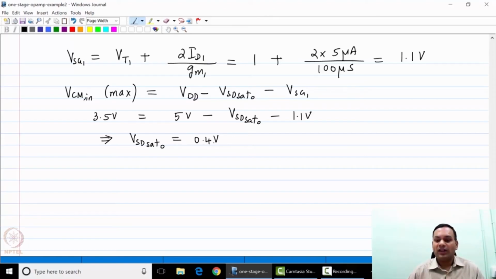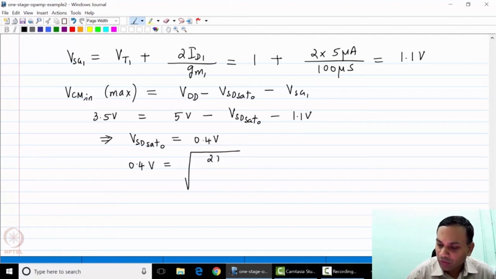Now, since we know the current through M0, we can calculate the width to length ratio of M0 itself. VSD sat 0, so 0.4 volts, is equal to 2ID0 over mu P C aux W over L of 0.